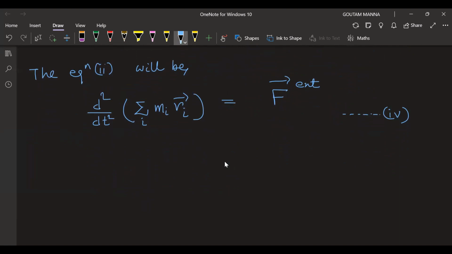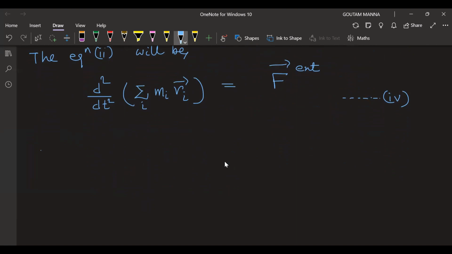Now let's define a new quantity. This is the center of mass, COM.